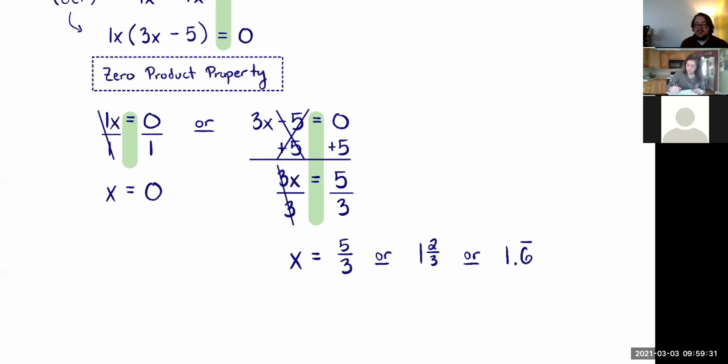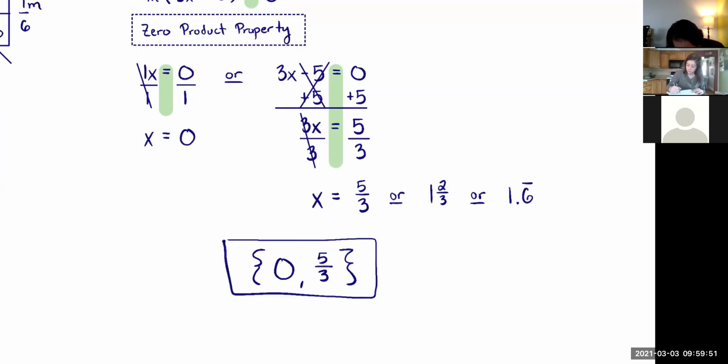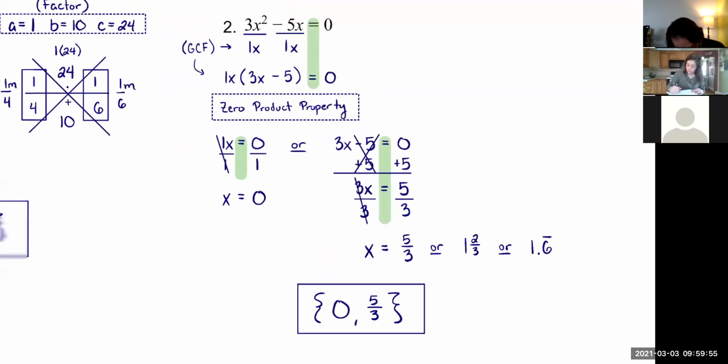But for right now, there's no story attached to it. It's just solving. So any of those answers would work. I personally leave mine as an improper fraction. If there's nothing more I'm going to do with it, I just make sure it's simplified and move on about my day. There's my second problem.